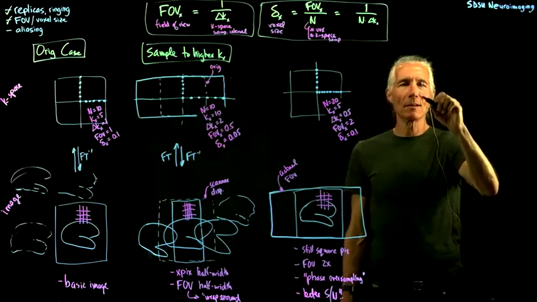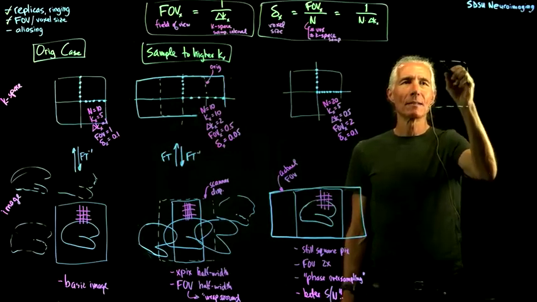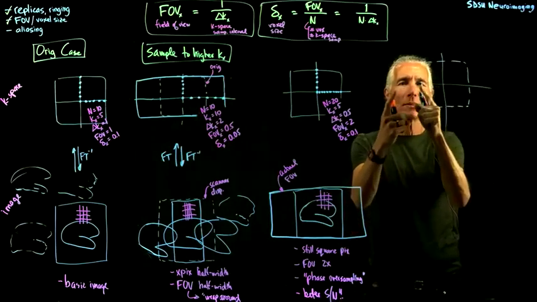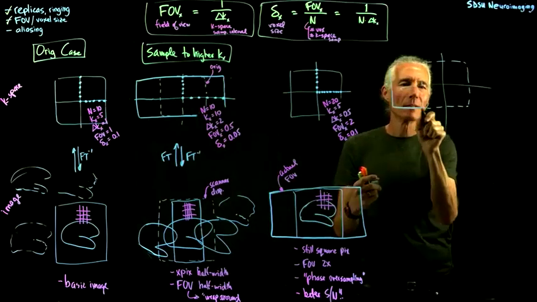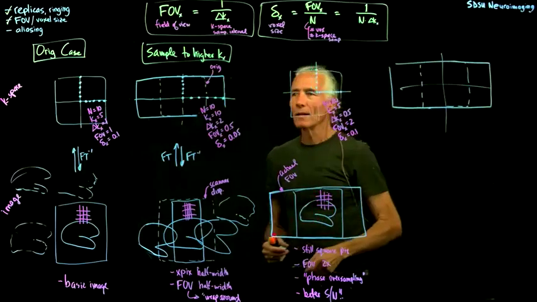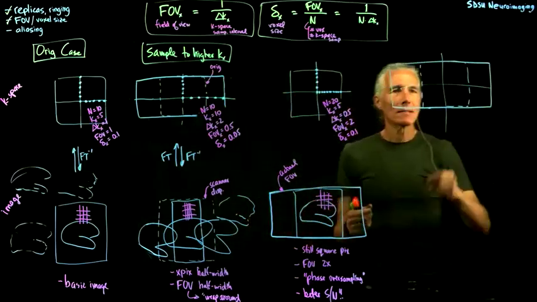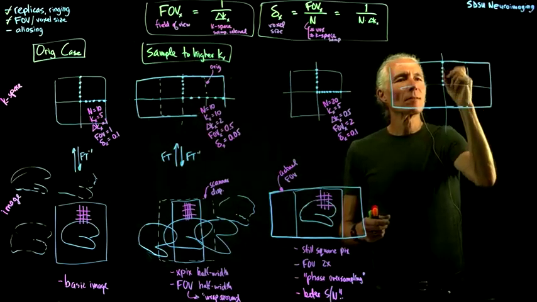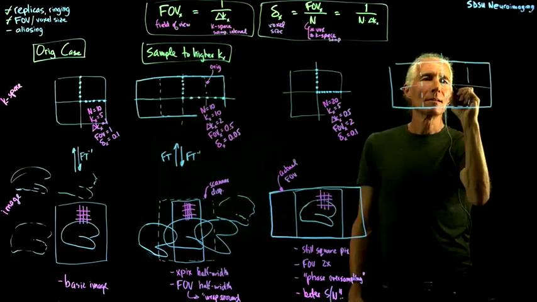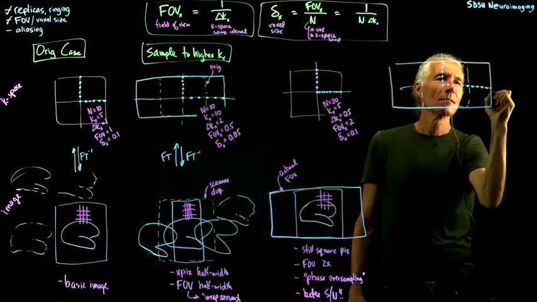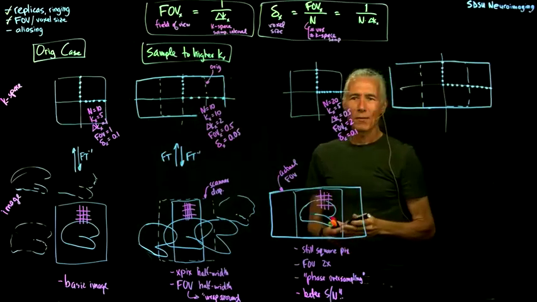So here's our original k-space, and now let's go out an extra distance like that, and we record the same 1, 2, 3, 4, 5 this way, but now we're going to do 1, 2, 3, 4, 5, 1 like that.